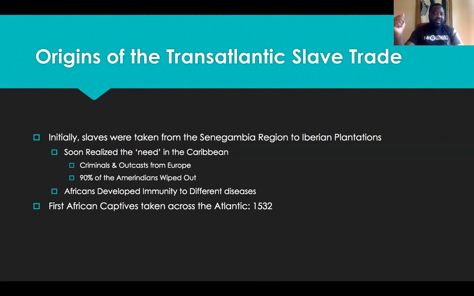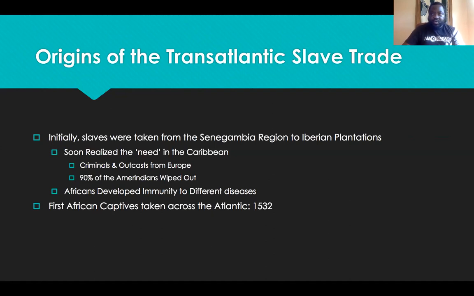The Europeans knew that the diseases that had wiped away the Amerindians would not have such an impact on these groups of people that they'd been interacting with for centuries. They also knew that because they did not know the terrain as well as the remaining Native Americans, chances are they would be easier to rein in, if you will.